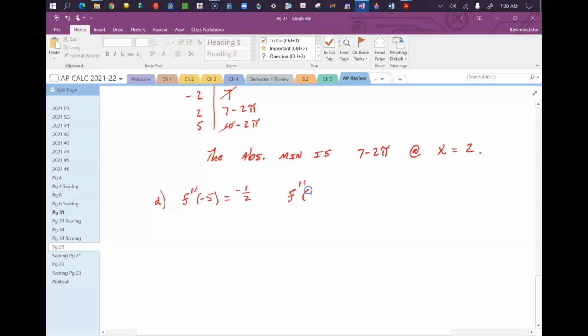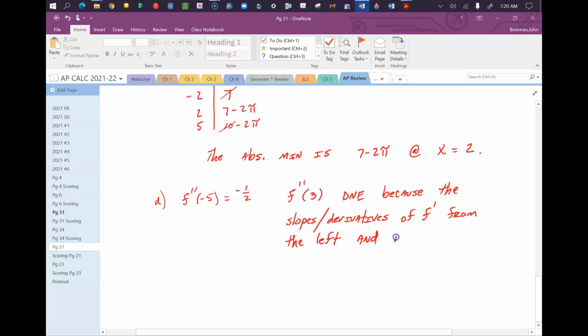F double prime of 3 does not exist because the slopes, or derivatives, of f prime from the left and right are not equal.